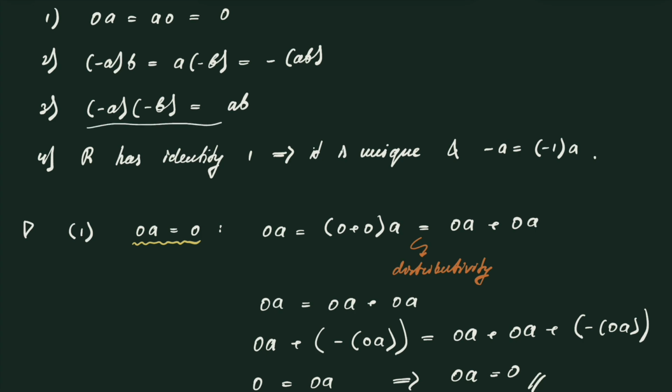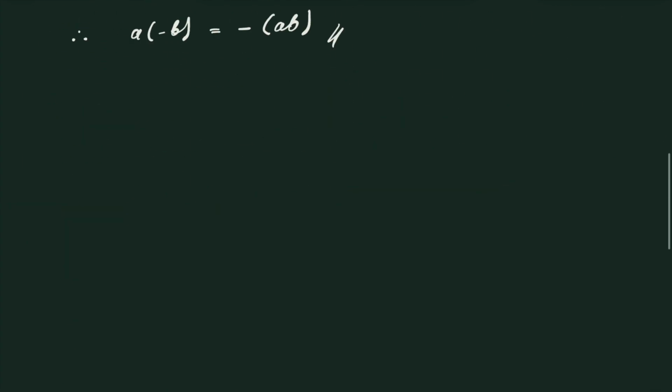We have that minus A times minus B is equal to AB. Okay, let's write this down. Third, minus A times minus B is equal to A times B. Now here I will want your concentration a little bit, because we can use part 2 for this. Just look carefully.